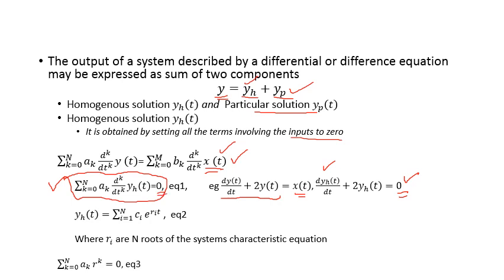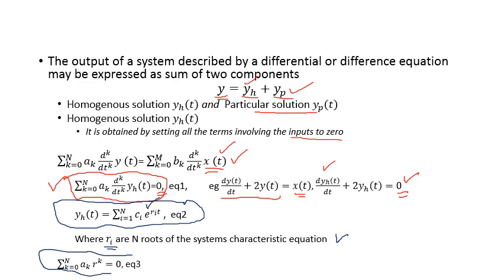The homogeneous solution for a continuous time system is of the form given here, which is denoted by equation 2. Here we need to find the r values, and the r_i's are the nth roots of the system's characteristic equation, which is written here.